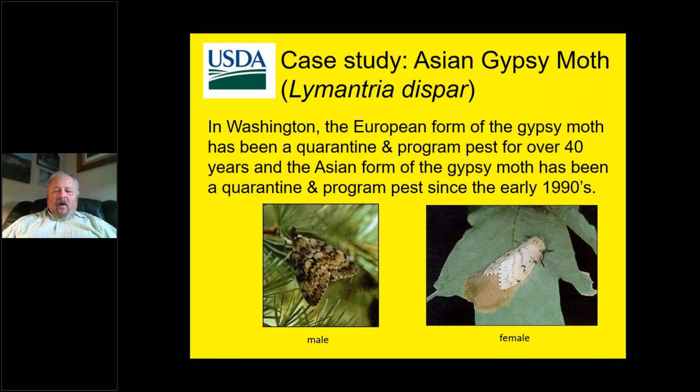Now, the gypsy moth is not native to North America in any form, whether it's European form or Asian form. European form was deliberately brought to Eastern North America in 1869 for what were at that time well-intentioned purposes, but things did not work out. And then it's spread since then, which we'll look at a little later.